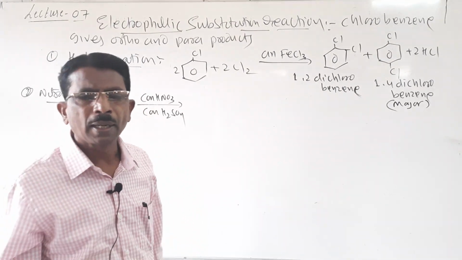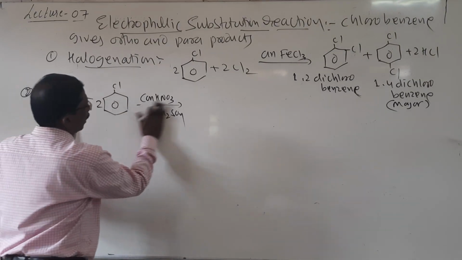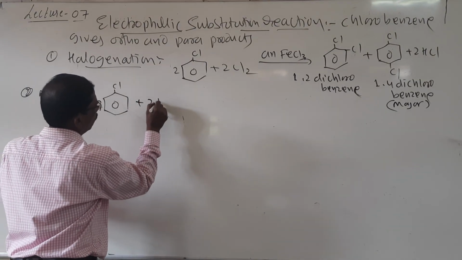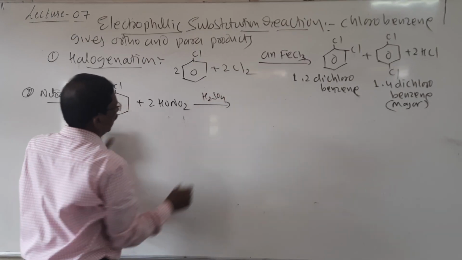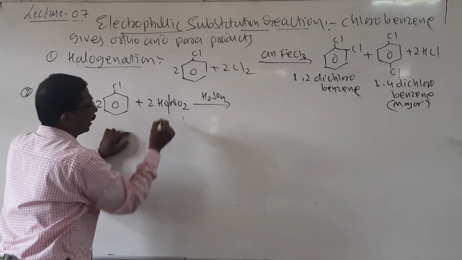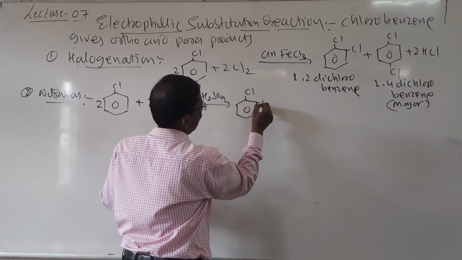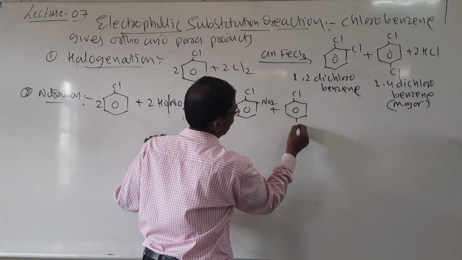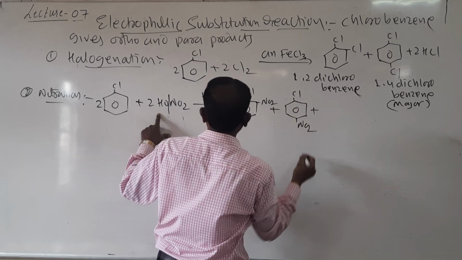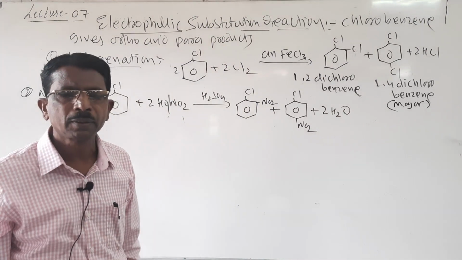Here it forms, I will take plus 2 HONO2 in the presence of H2SO4. HONO2 means HNO3. It breaks and forms ClNO2 plus 2H2O.